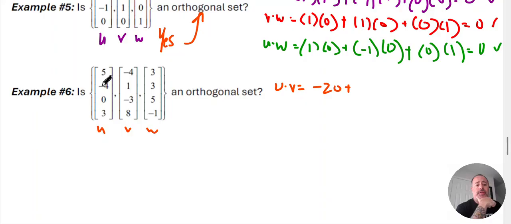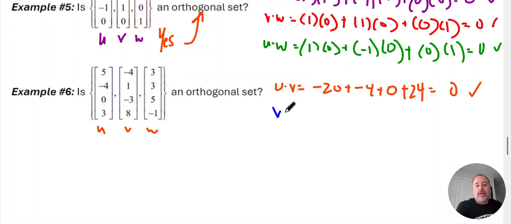Then we add -4 times 1 is -4. 0 times -3 is 0. And then 3 times 8 is positive 24. And we get that this ends up being 0, right? -24 plus 24 is actually 0. So we're good to go with that one.